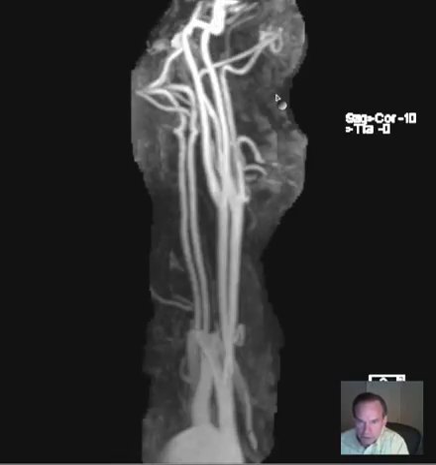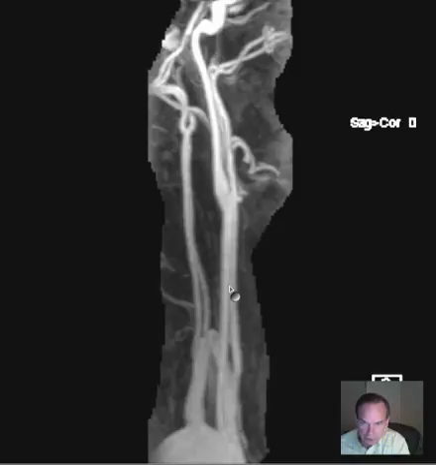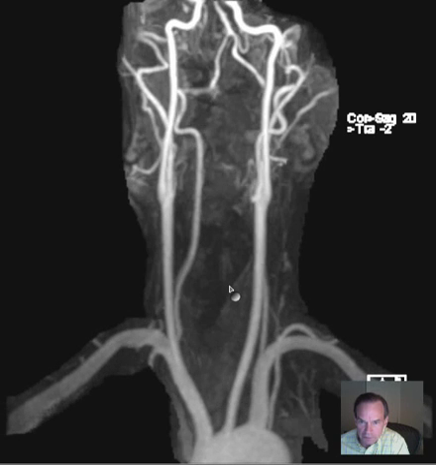Here's a lateral view. You can see the two vertebral arteries paralleling one another's course, the two carotid arteries paralleling one another's course. Here's a submental vertex view, which doesn't do really much of anything for me.